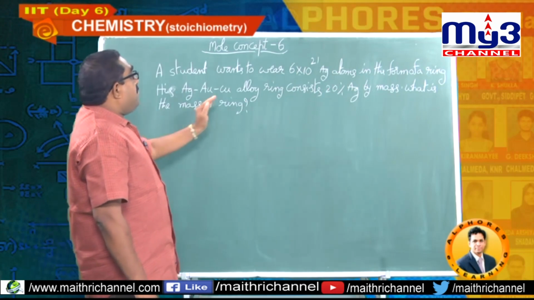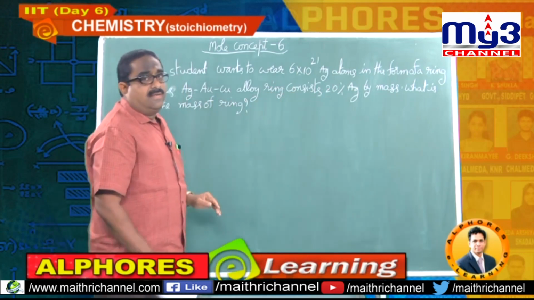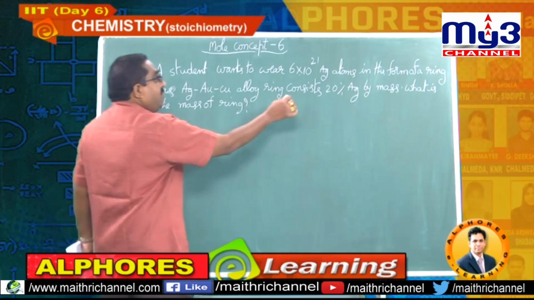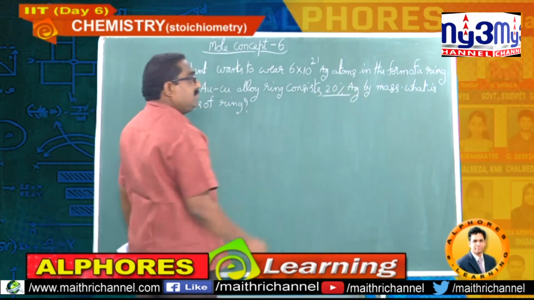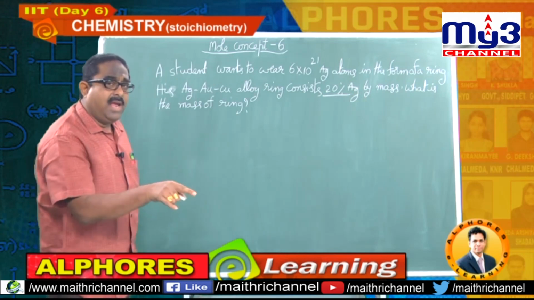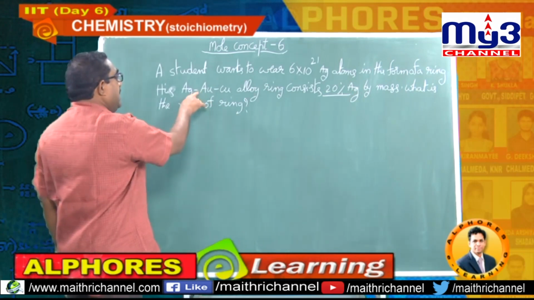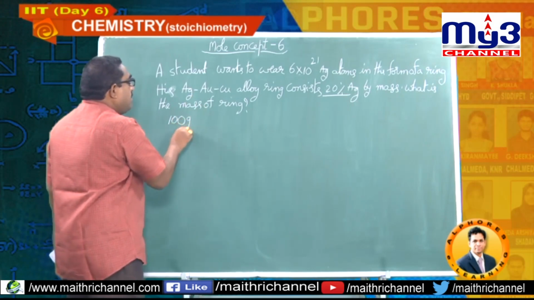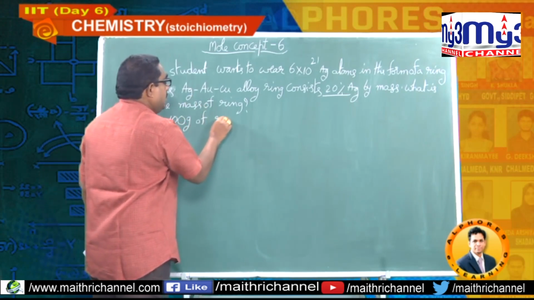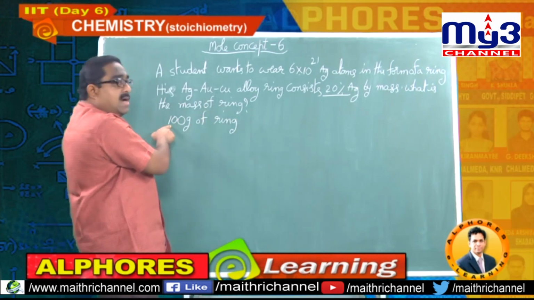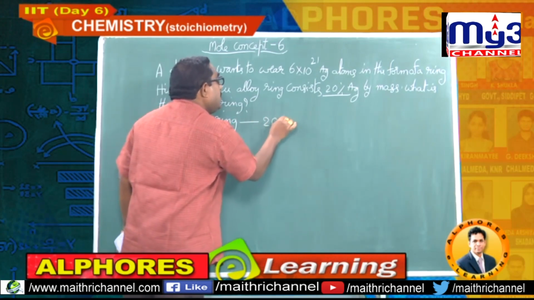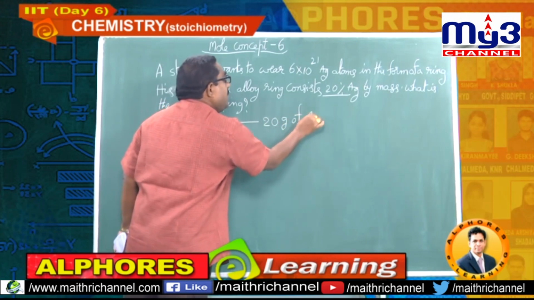Now, based on the data given in the question, I am going to solve this question. Right. First I will take this data: 20% silver by mass of ring. It means 100 grams of ring should consist of 20 grams of silver.